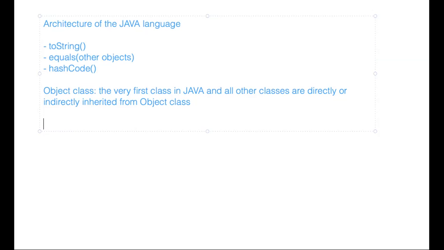Okay, so now we finish the architecture of the Java language. We move to the last portion of our inheritance, which we call the interface. An interface is a special class which can have fields, or data, that are final and static.